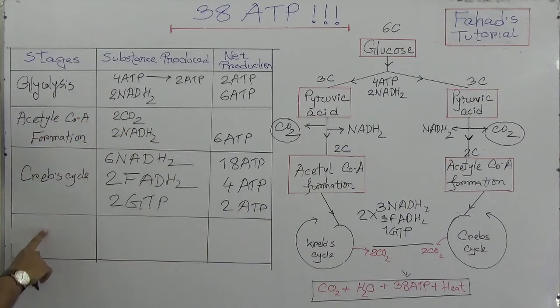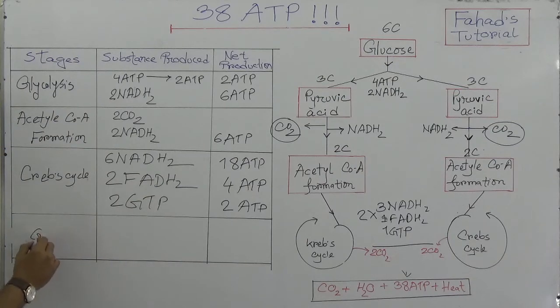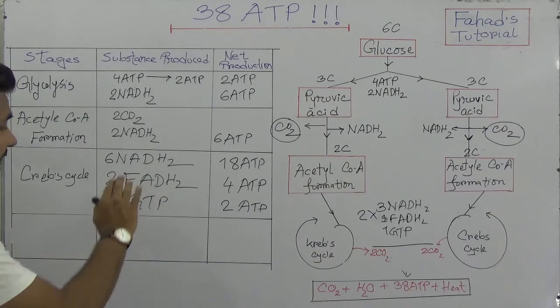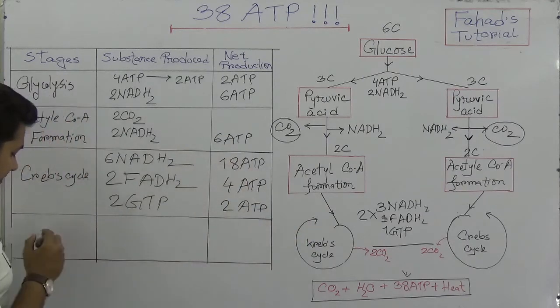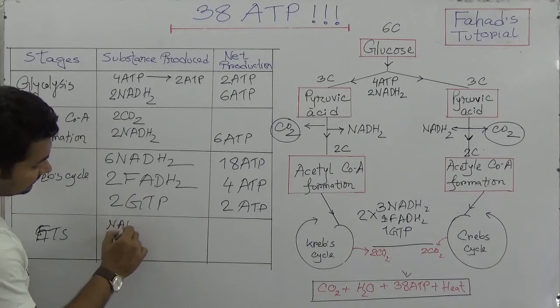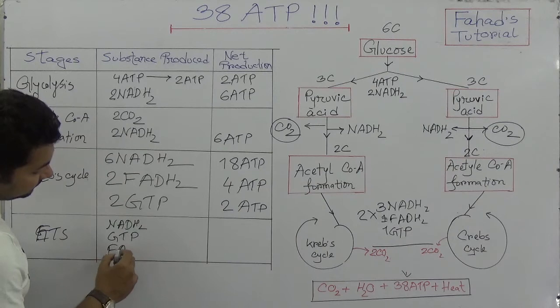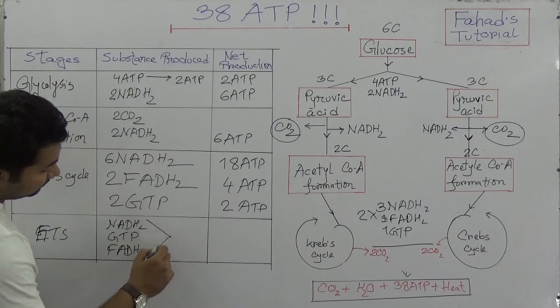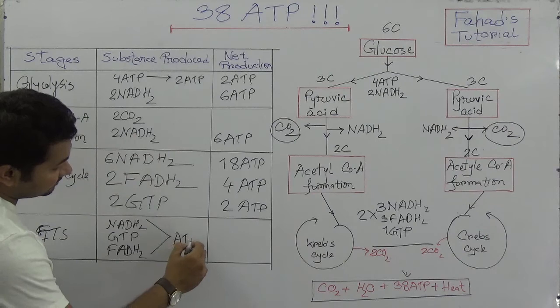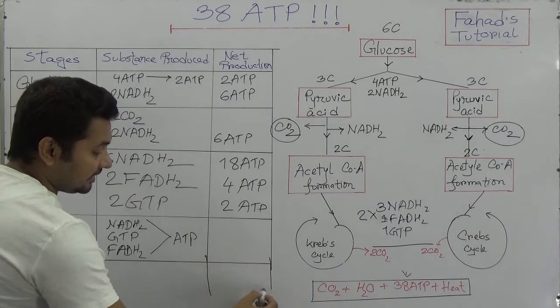So in the fourth stage, that is the electron transport system, what will be going on? These NADH2, FADH2 and GTP will be transferred into ATP, and then we can understand that the total amount of ATP is here.